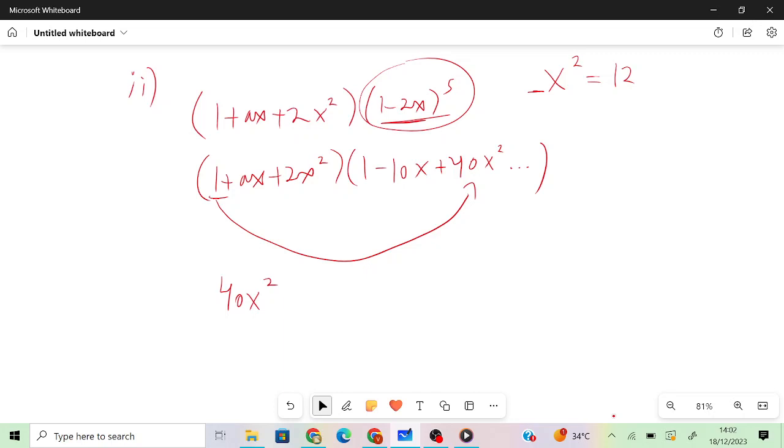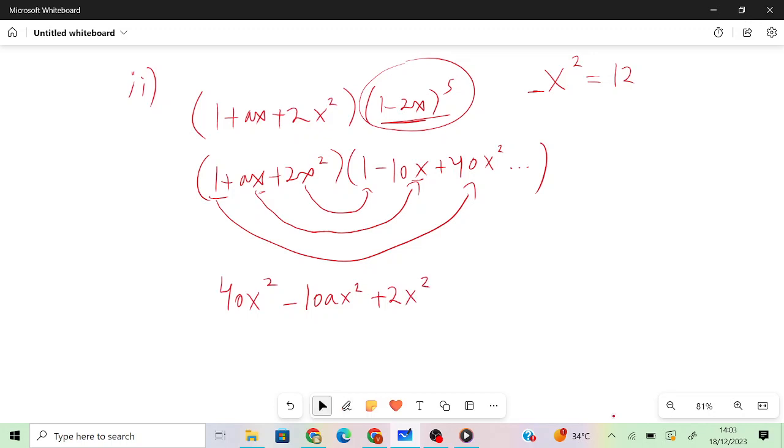Now that's not the only one that's present here. If I do ax times minus 10x, I get minus 10ax squared, because x and x multiply and become x squared. If I do 2x squared times 1, I get plus 2x squared.